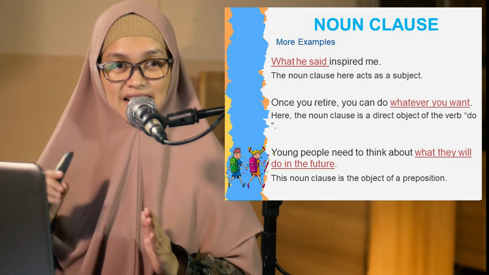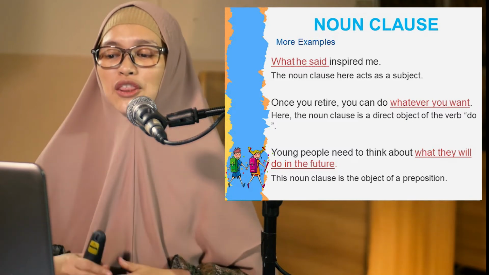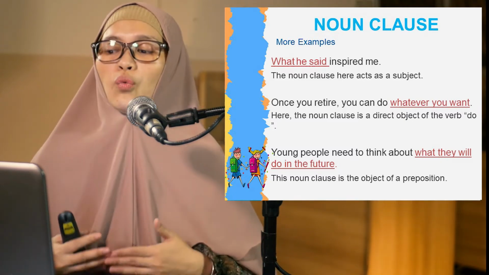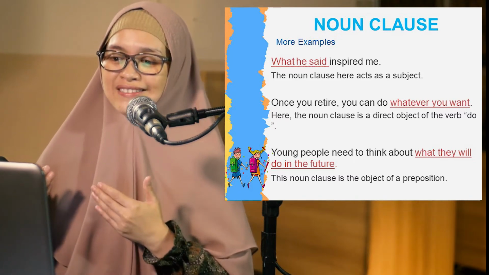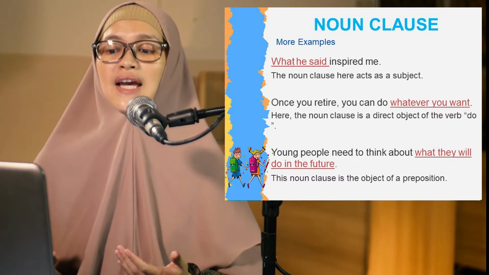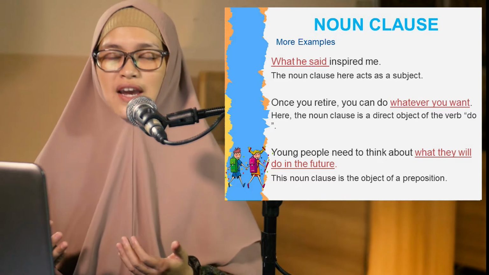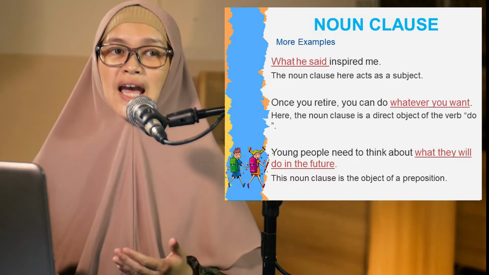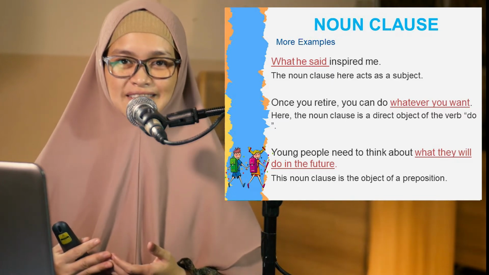And then the last example is: young people need to think about what they will do in the future. What they will do in the future is a noun clause. It is the object of the preposition about. I hope you can understand that, okay?